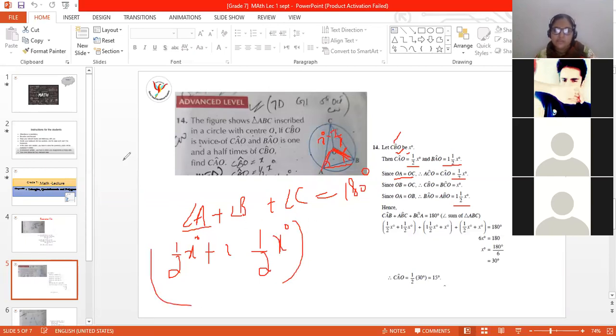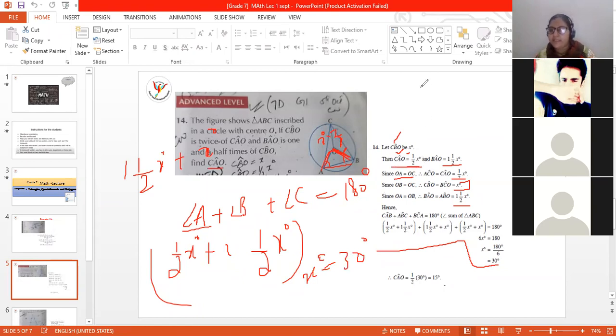Angle B is 1.5X degree plus X degree, and angle C is 1/2 X degree plus X degree. So by adding all these angles, you will be able to find the value of X. And if the value of X is 30 degrees, right? You have to find CAO. What is CAO?